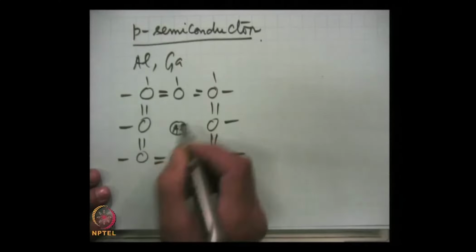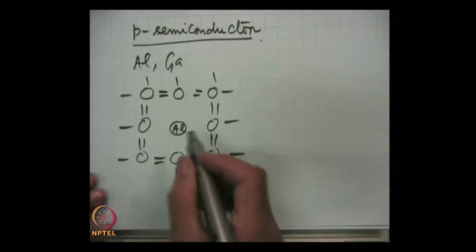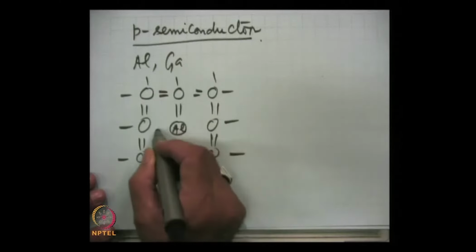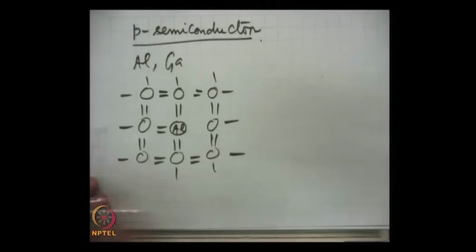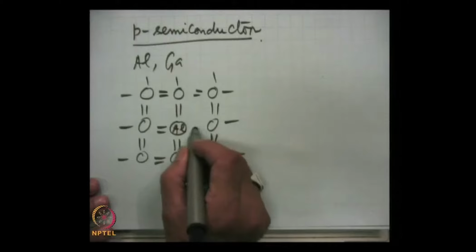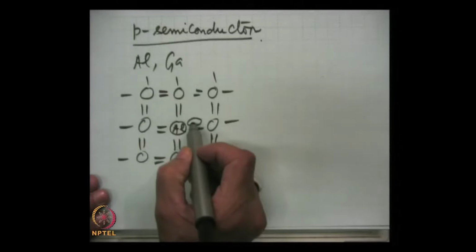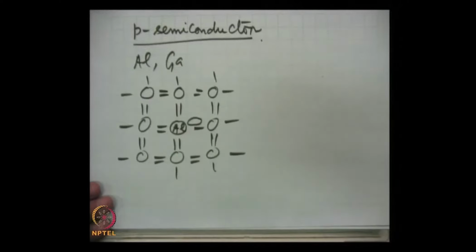This is aluminium, and here the 3 electrons will form covalent bonds with the neighboring silicon atoms, and this position is vacant. This is the energy state which is vacant. There is no charge carrier here.